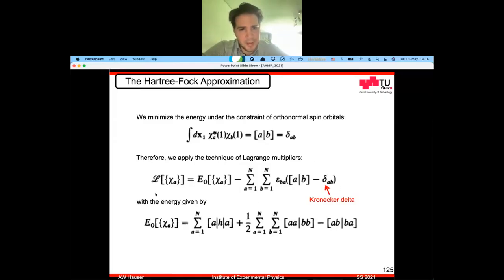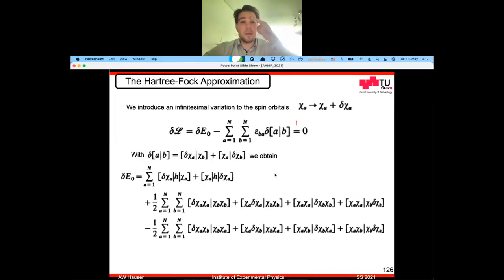This is the Lagrangian. Now we know, because we just went through it together on the previous slide, what the expectation value of the electronic energy looks like for a Slater determinant from left and right hitting our Hamiltonian. We had these single electron contributions, and we had these two-electron contributions with the direct and the crossover terms. So this goes into this first part of our Lagrangian. Then comes the constraint, and the whole thing now has to be minimized.